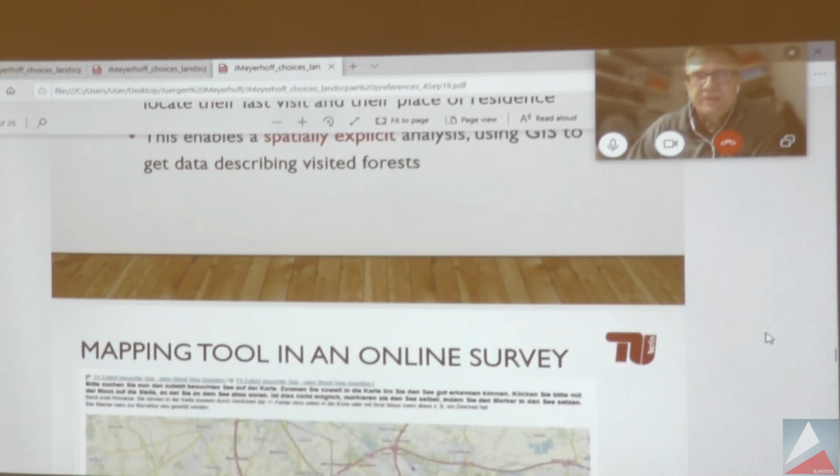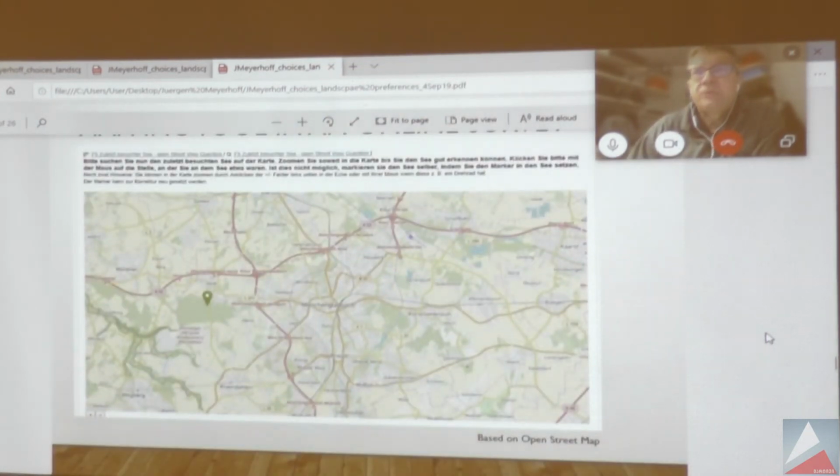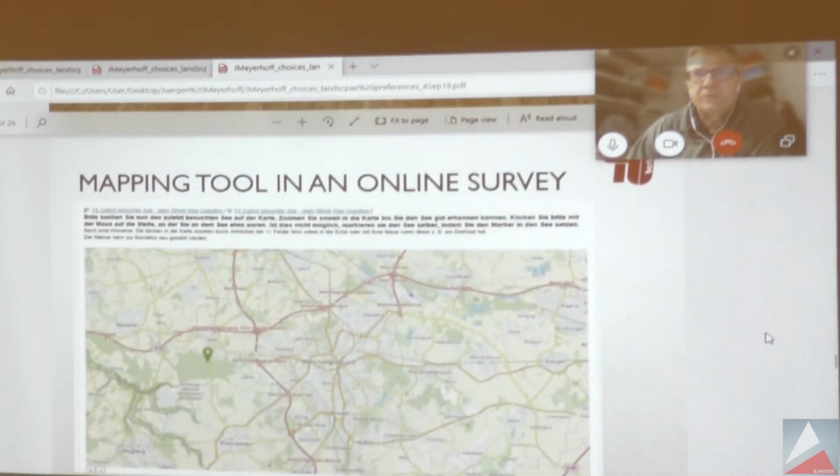What you should see on this slide now is this mapping tool we were using, again showing part of Germany. The landscape you could see was based on OpenStreetMap, and they were asked to indicate, among other things, their place of residence and also the forests they had visited.